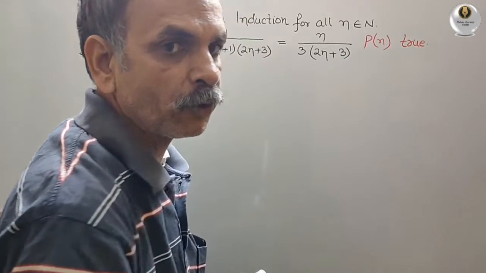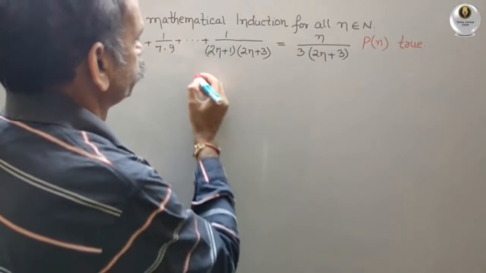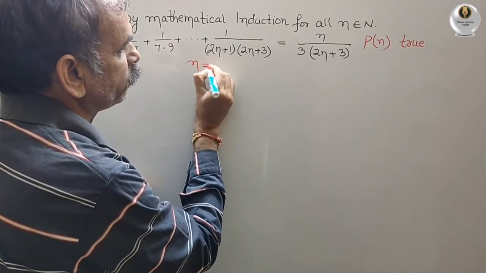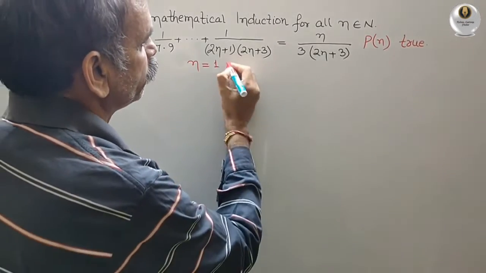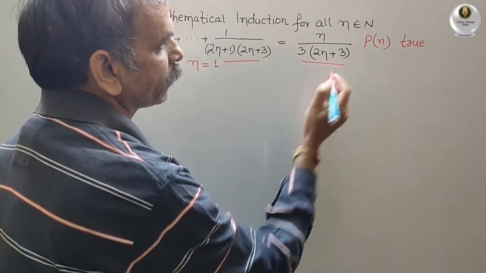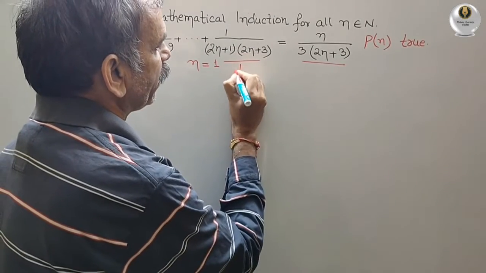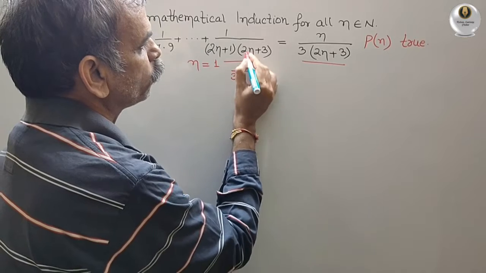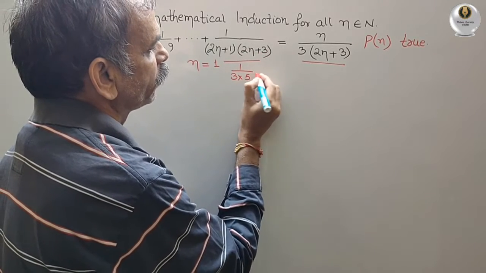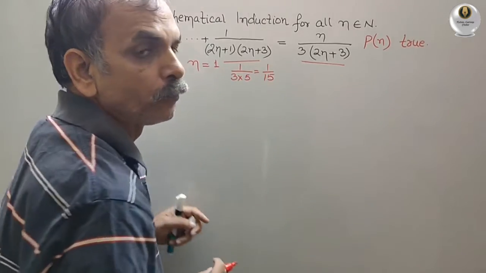For that, what we have to take? We have to take n is equal to 1. Now substitute this value here and here. What we will get? See that. So 1 by (2 plus 1) is 3 into (2 plus 3) is 5, that is equal to 1 by 15.